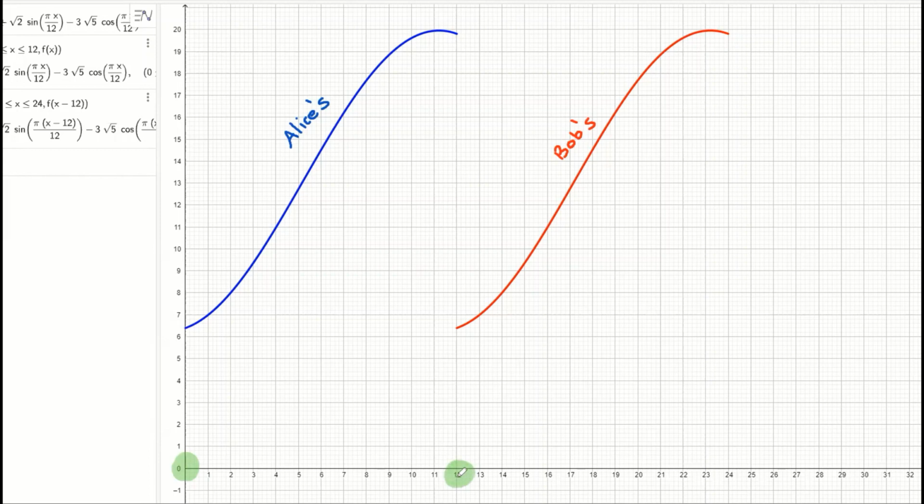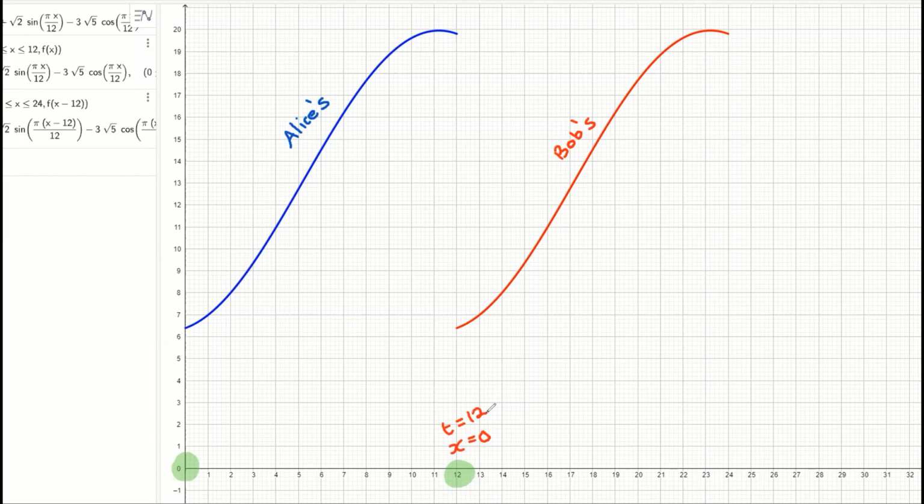Okay, so on Bob's model, this would be when x is equal to 0. All right, so you could argue that when t equals 12, x equals 0. So they're translated by 12 hours, essentially. Okay, if you want to think of it like that.